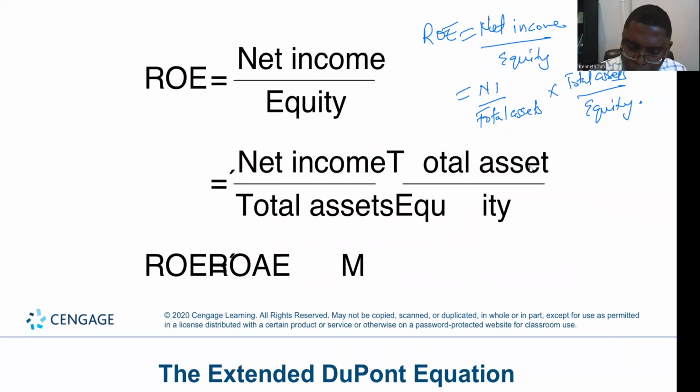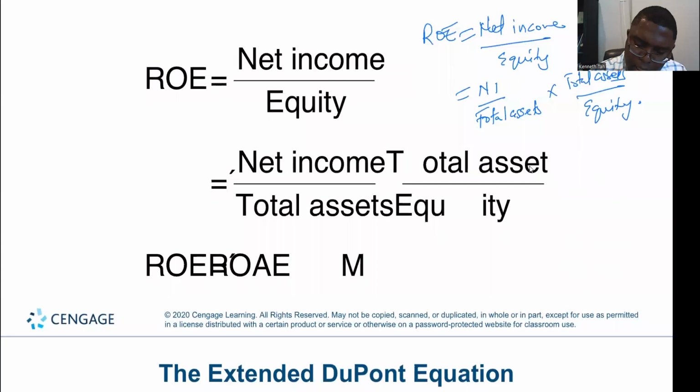Again, notice that net income divided by total assets is return on assets, and this times total assets divided by equity is what we call equity multiplier.